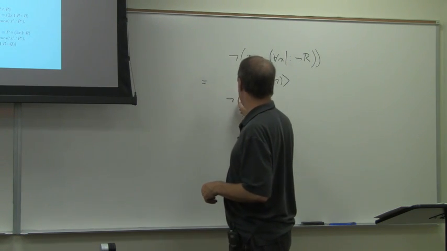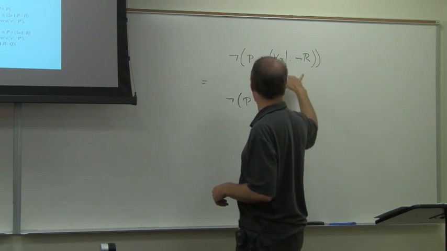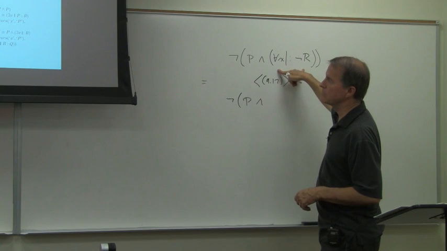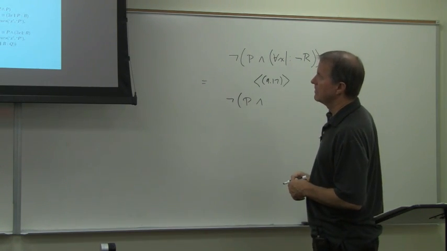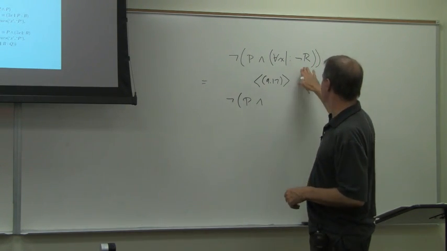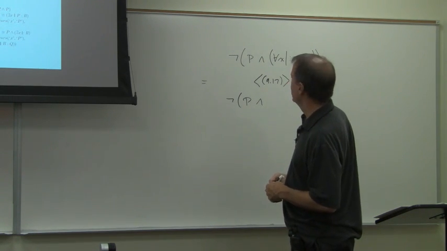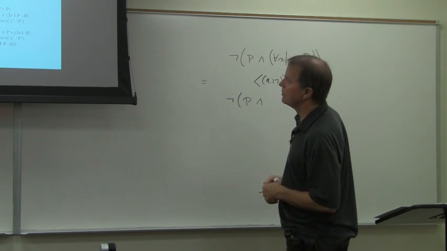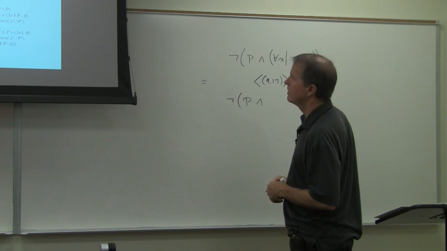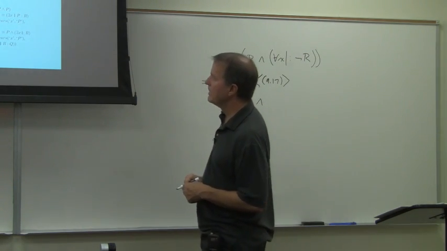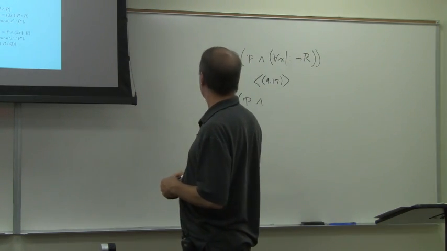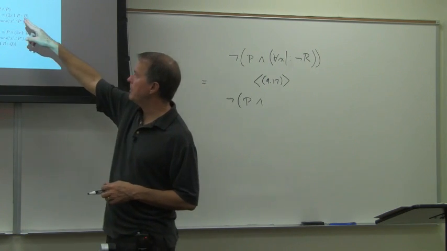So this would be not P and then whatever this is, substituting equals for equals with 9.17. Oh, but the trouble is, you should have a not P here. You should use 9.18b, right?